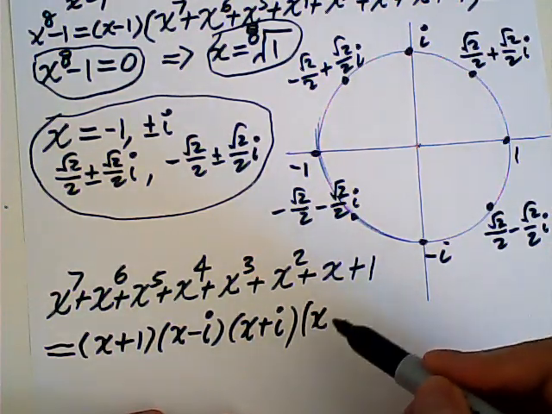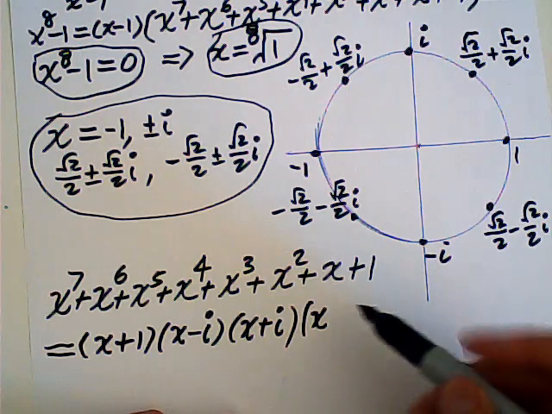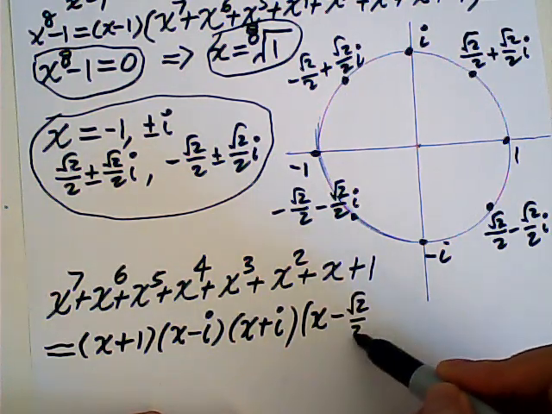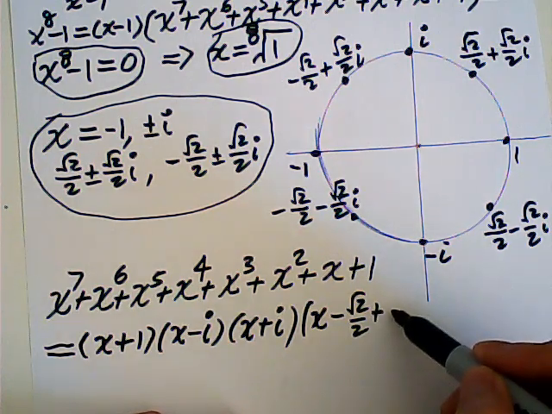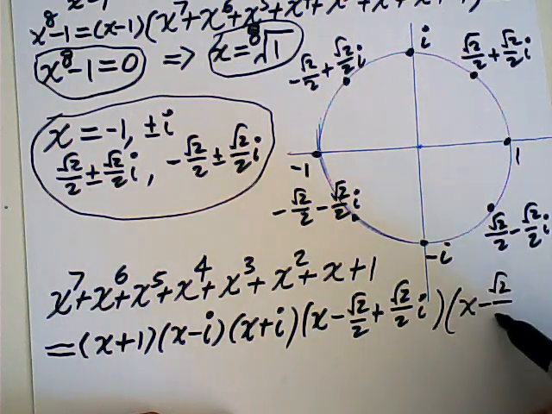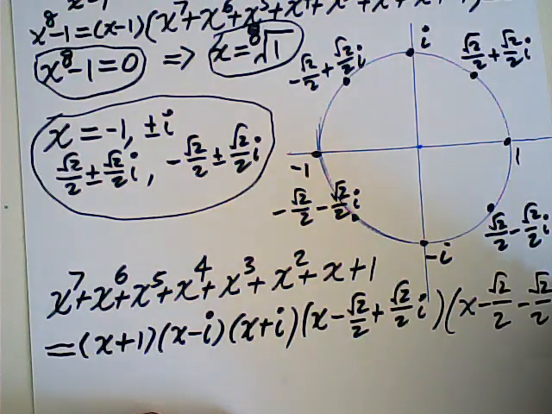Then x minus this, right? x minus root 2 over 2 plus root 2 over 2 i, and x minus root 2 over 2 minus root 2 over 2 i.